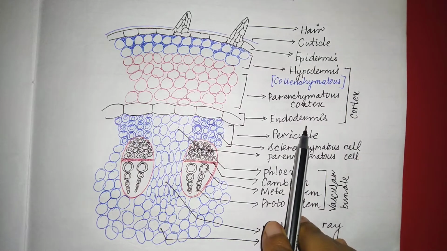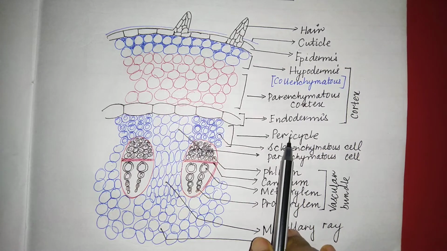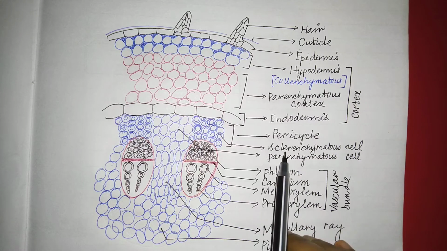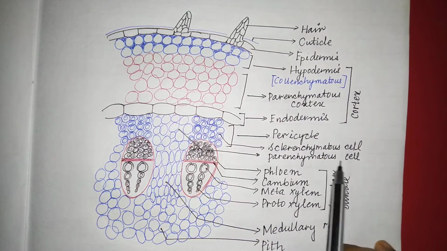Inner to the endodermis, there is a pericycle. The pericycle consists of two types of cells. One is a sclerenchymatous cell, another is a parenchymatous cell.